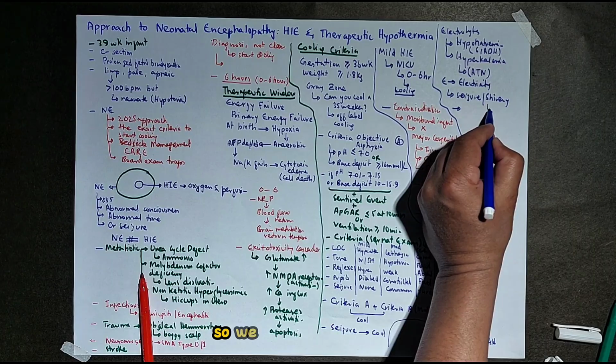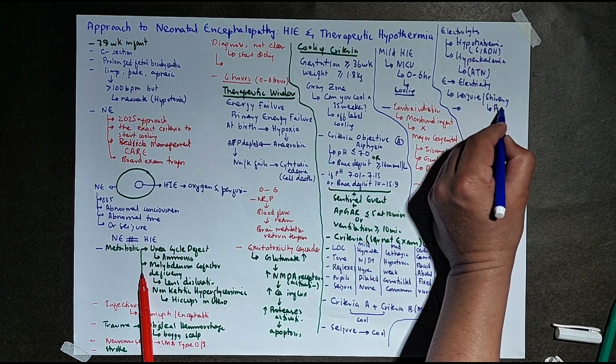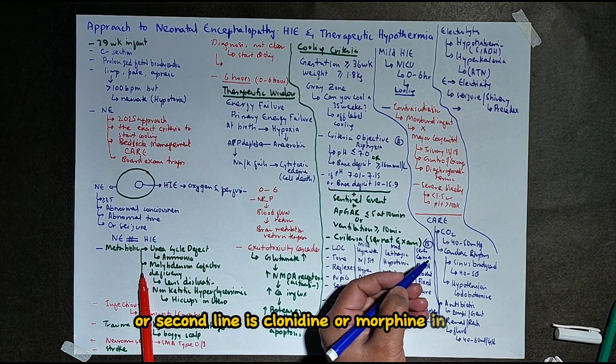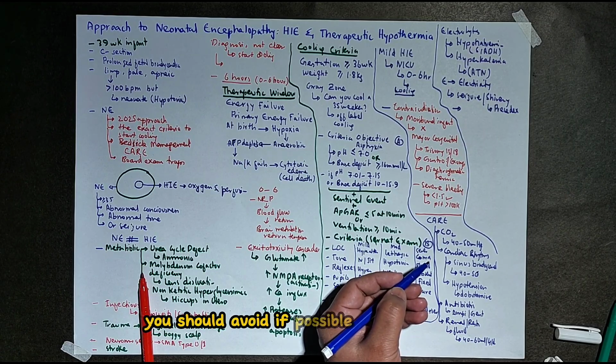So we treat shivering with Precedex. Or second line is clonidine or morphine in low dose. The last resort is neuromuscular blockade. You should avoid it if possible because it masks seizures.